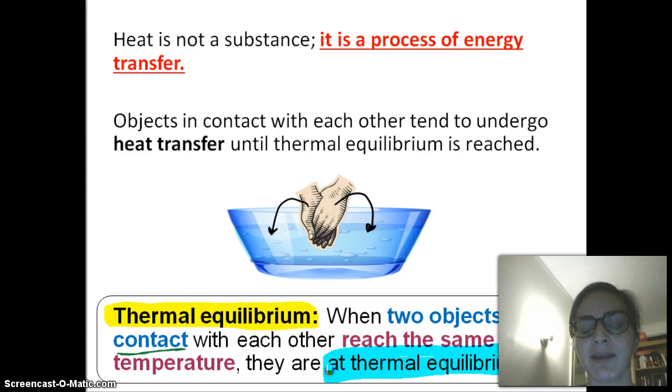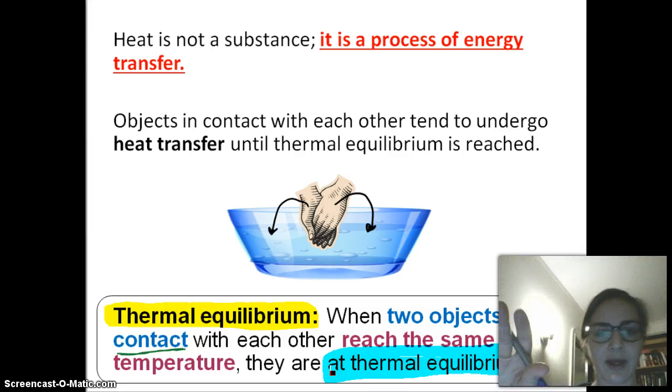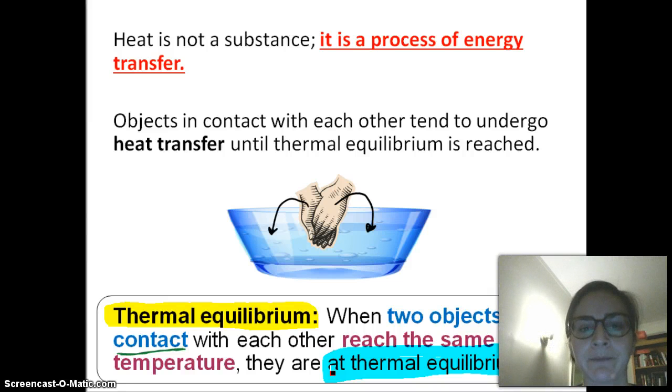If I take a plate of ice and leave it out to sit, it will eventually melt until it reaches thermal equilibrium with the air. There will be a transfer of heat from the air to the ice until those molecules in the ice and in the air start moving with similar motions. Remember, all temperature is the motion of the particles.